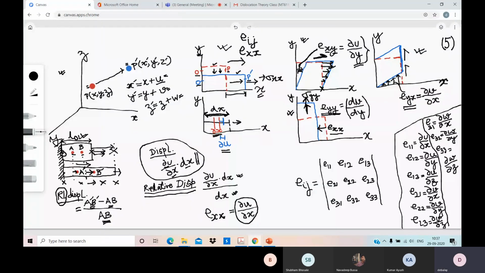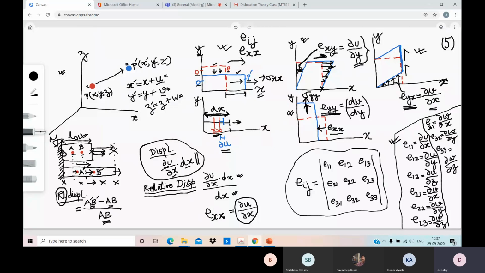So this displacement is EYX, because the displacement is happening along the direction Y, and we know that displacement along Y is represented by V. So we will write it as del V del X. The displacement magnitude is del V over a small distance del X, because it is proportional to X. Now all the relative displacement terms I am writing in the form of a tensor.